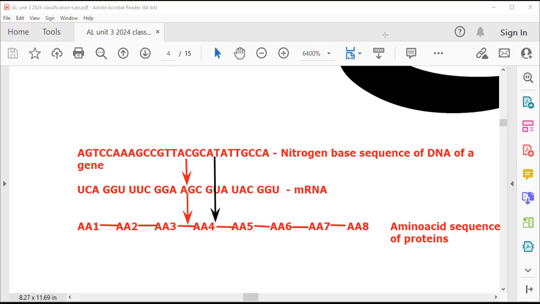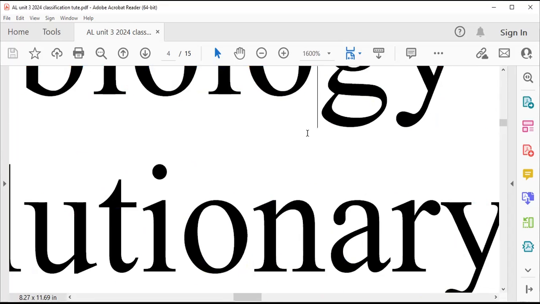We are comparing the nitrogen base sequence of RNA molecules and the amino acid sequence of protein molecules. Several such comparisons are done to perform present-day classification.